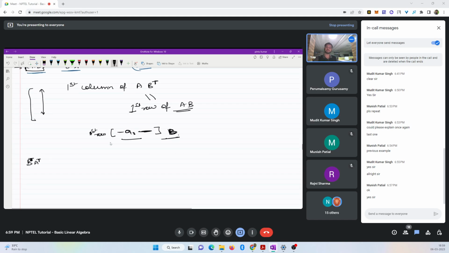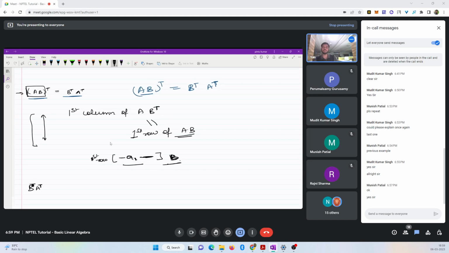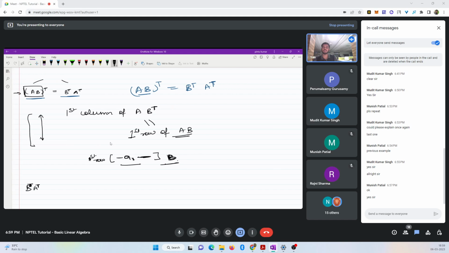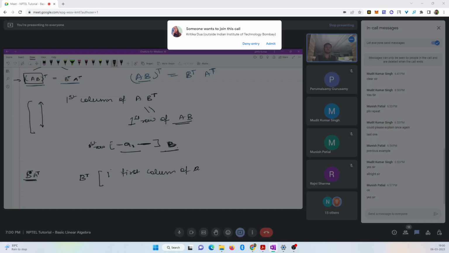If these two things are equal, then their first columns would also be equal. Let's look at the first column of this quantity. This is B transpose multiplied by the first column of A transpose.